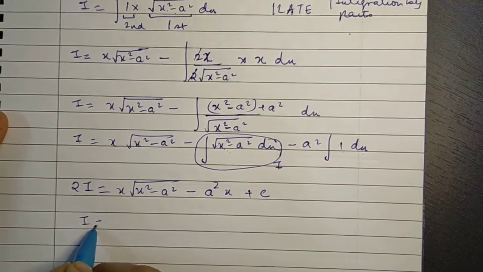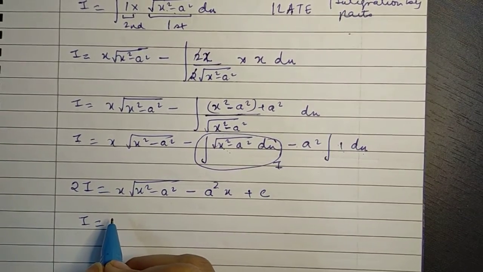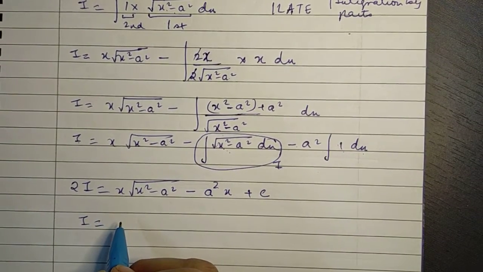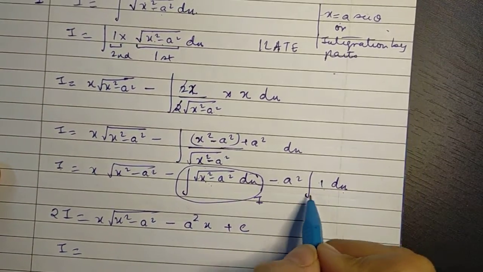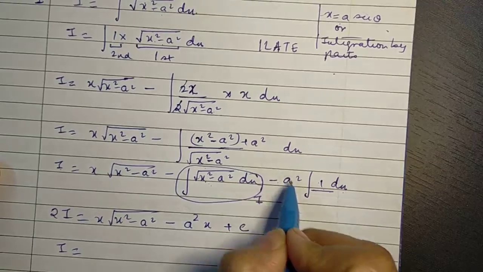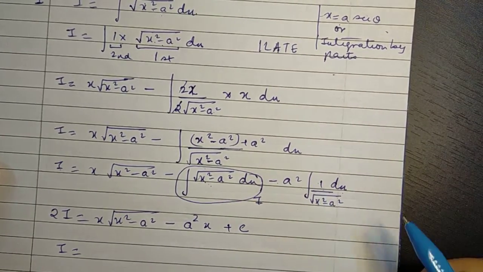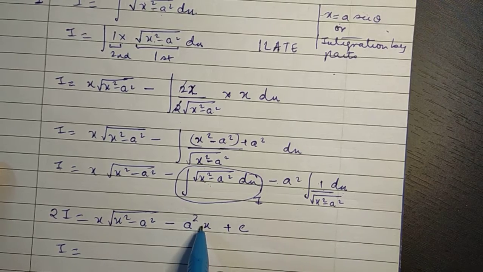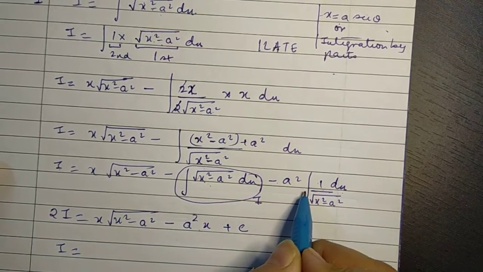Sorry, one minute, I have missed out on this. Here it is, you take a squared and here the denominator is square root of x squared minus a squared, and so here we get the result for integral of 1 upon the square root.